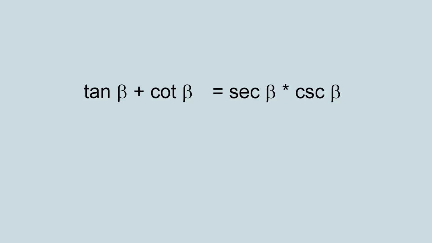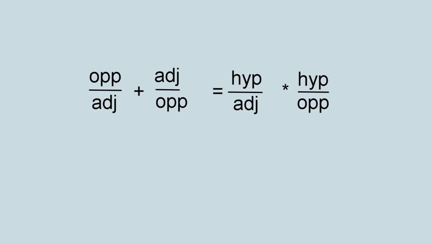And to see if that's equivalent, because these are all trigonometric functions with respect to the same angle beta, we can simply present these as the trigonometric ratios. So tangent turns into opposite over adjacent, cotangent turns into adjacent over opposite, secant turns into hypotenuse over adjacent, and cosecant turns into hypotenuse over opposite.